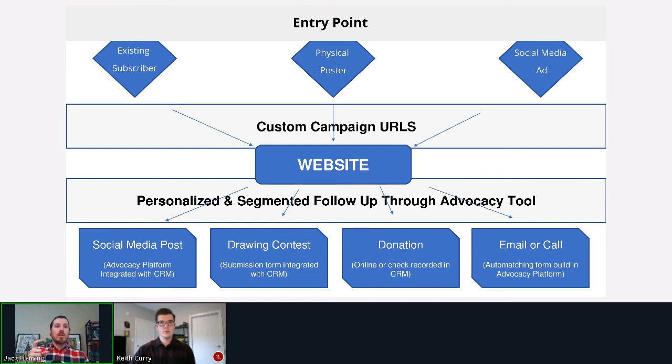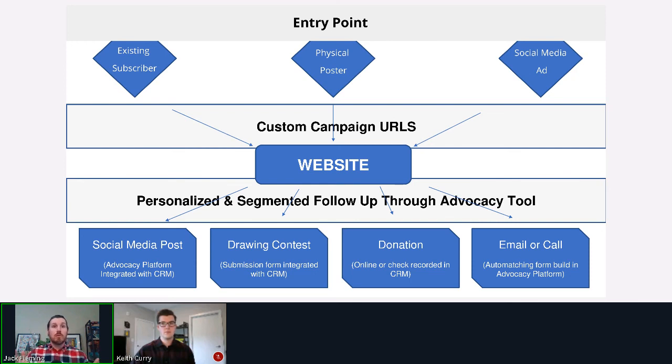And again, we appended that information saying this is a physical QR code for the poster by the lemur enclosure, so that when we're looking at our analytics, we know exactly where that person came from. And then social media ad, same thing. We're creating a custom campaign URL. So we've created three custom URLs, all going to the same page on our site, but in our Google Analytics or whatever analytics platform you're using on your website, you can differentiate the traffic that's coming in.